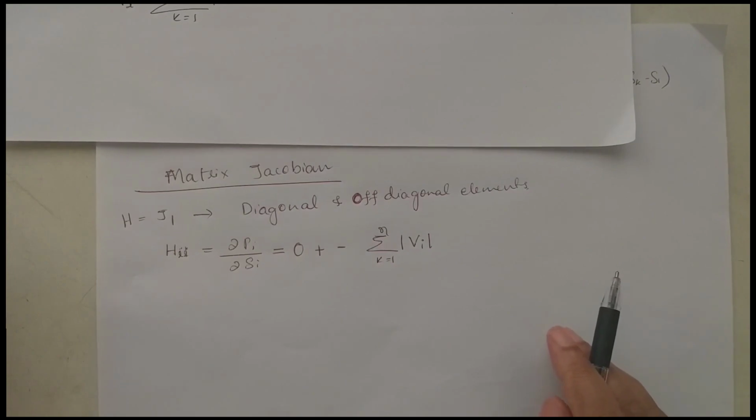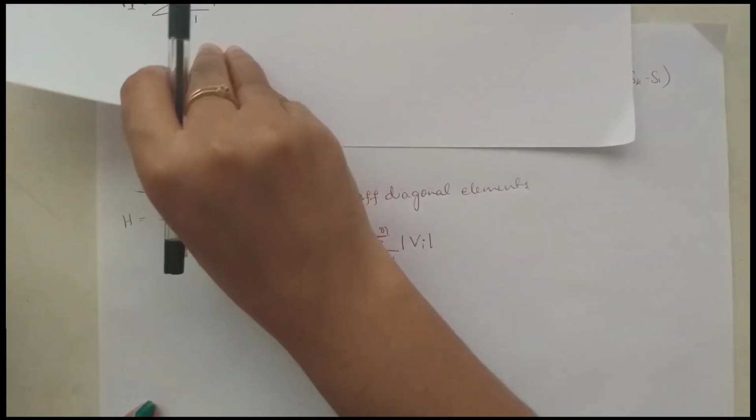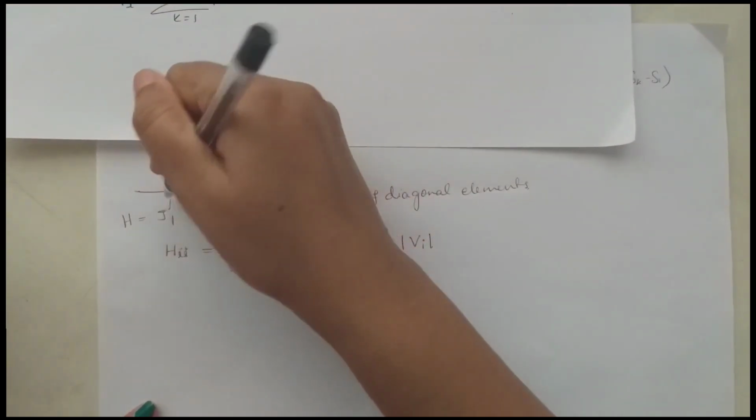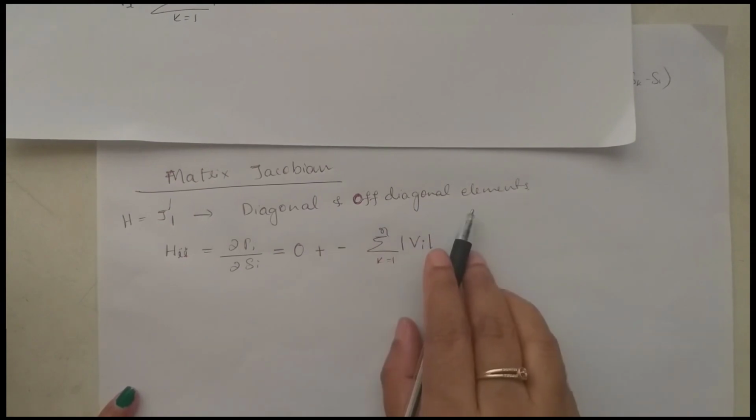Jacobian matrix, first, elements of the Jacobian matrix J1 which has diagonal as well as off diagonal elements.